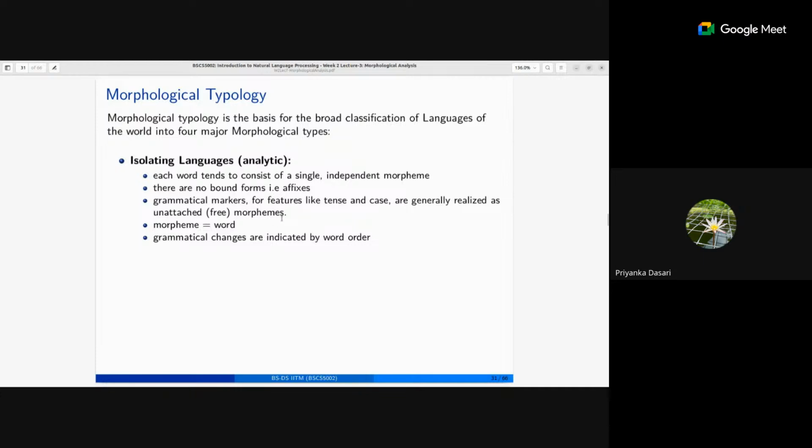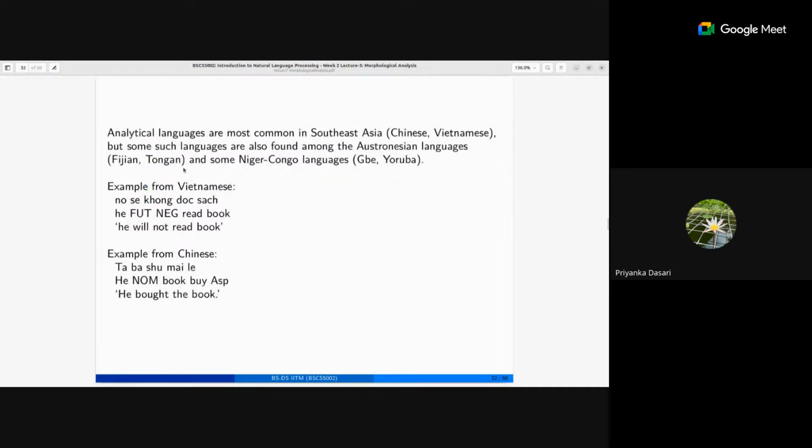See here in this example, isolating languages are most common in Southeast Asian languages. An example from Vietnamese here, future tense, I don't know how to pronounce all this, but he will not read the book. Here, how many words are there? Five words.